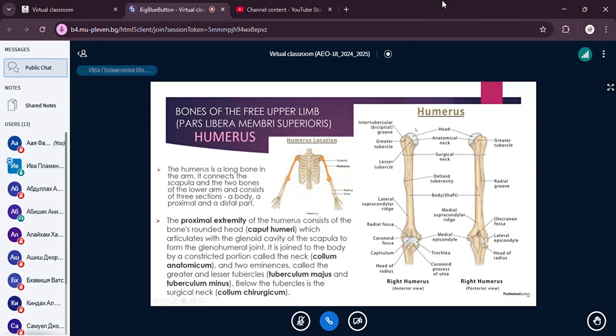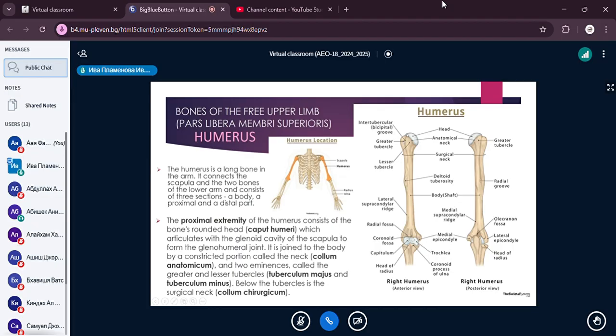We have head, then we have the anatomical neck, and more distally we have two tubercles, greater and lesser tubercle, or in Latin you can say tuberculum majus and tuberculum minus, and between them is the intertubercular groove, sulcus intertubercularis, or in some books you can find bicipital groove, sulcus bicipitalis.